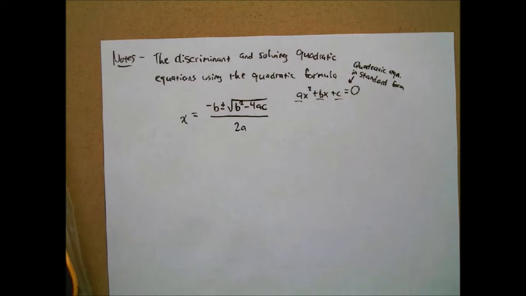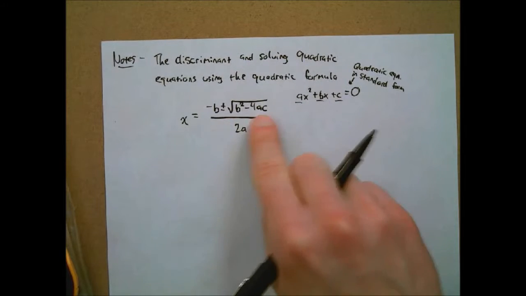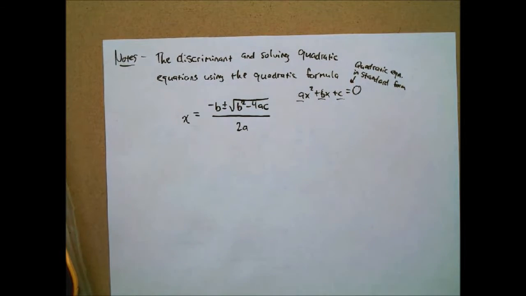We take the a, the b, and the c, and we plug them into their spots right here, and then we simplify this. But we're going to hold off on actually doing that work for now, because Patrick says he hates it. We'll give him a break for right now.